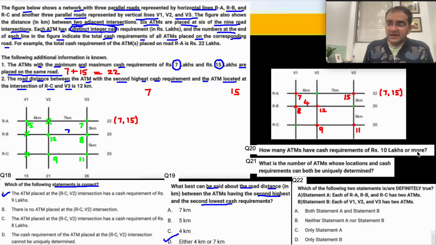How many ATMs have 10 lakhs or more? 10 lakhs or more. So I have 11, 12 and 15. यानी कि 3 ATMs. What is the number of ATMs whose locations and cash requirements can both be uniquely determined? ये देखना पड़ेगा.